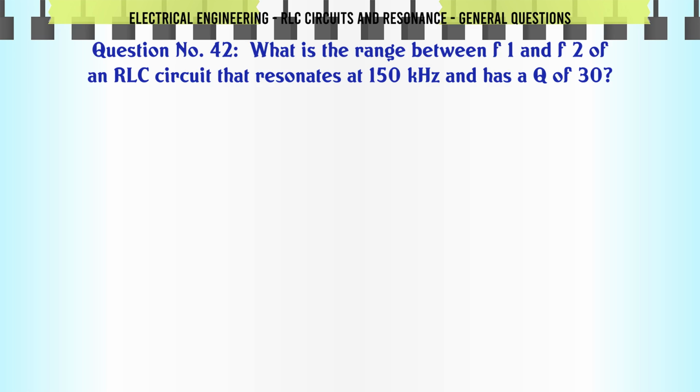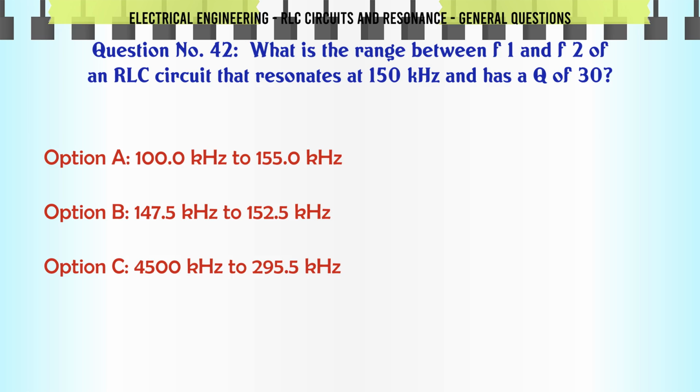What is the range between F1 and F2 of an RLC circuit that resonates at 150 kHz and has a Q of 30? A. 100.0 kHz to 155.0 kHz. B. 147.5 kHz to 152.5 kHz. C. 4500 kHz to 295.5 kHz.